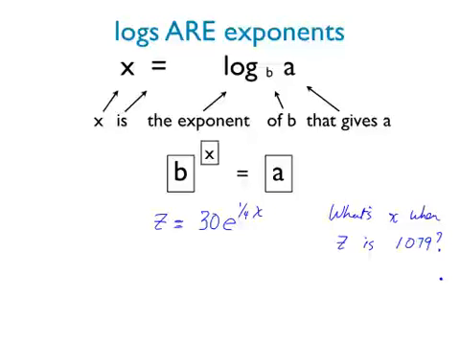Okay, so we're trying to solve for an exponent because x is in the exponent, but we got some layers to remove here. We gotta change that exponent to log at the right time. So it's not ready yet because we've got this 30 times this exponential term. So the first step is to get that exponential term by itself, which means piece of cake, right? Divide by 30.